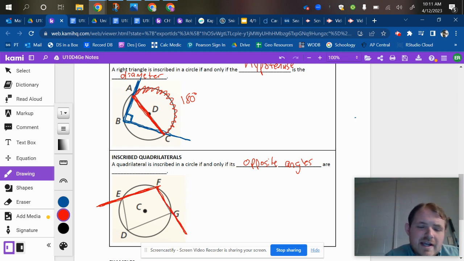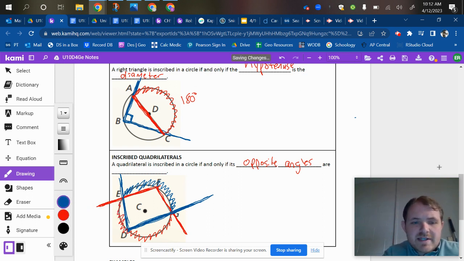So the arc created there looks like it's close to 180, maybe a little bit bigger. And the arc created there. So if I've got the blue arc, E to G, and I've got the red arc right there, hopefully you're seeing that blue plus the red arc is equal to 360.